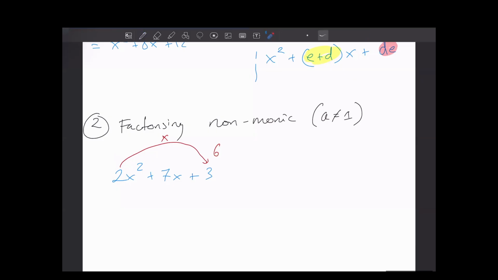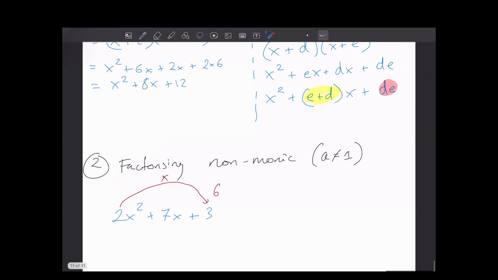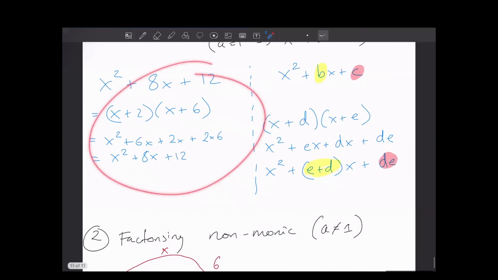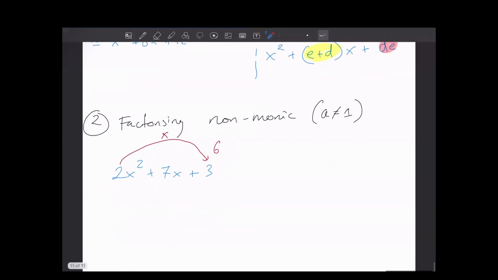And then you apply the same logic we did before, but this time with this term. So you look for two numbers that multiply to give six and add to give seven. What would those numbers be? It would be 6 and 1. Very nice.